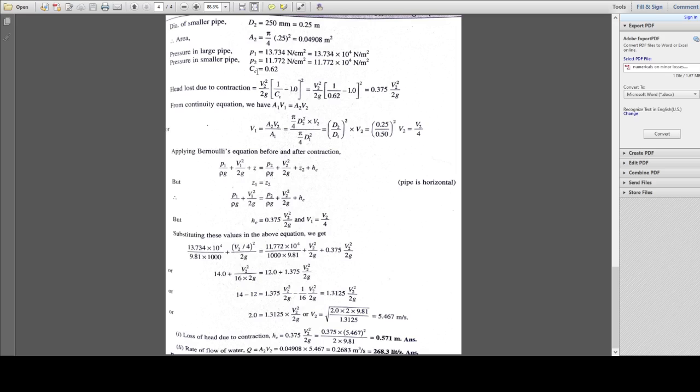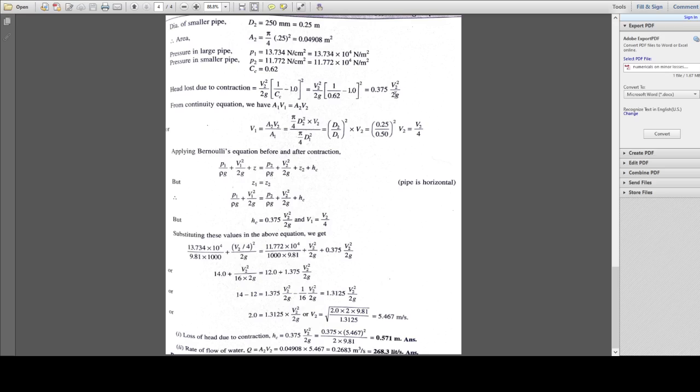Now we know the expression for head loss due to contraction as V2 square by 2g into the whole bracket 1 by Cc minus 1 to the whole bracket square. We know the value of Cc, so substitute that, and we will get an expression as 0.375 V2 square by 2g.